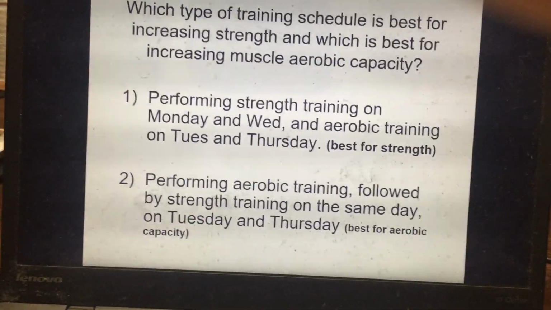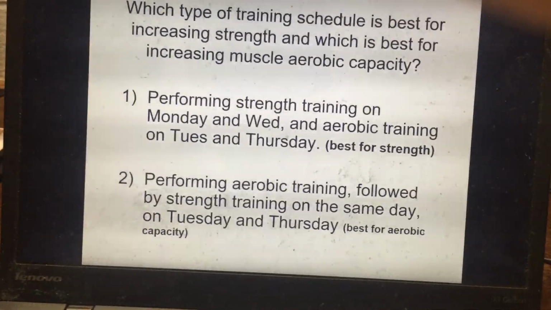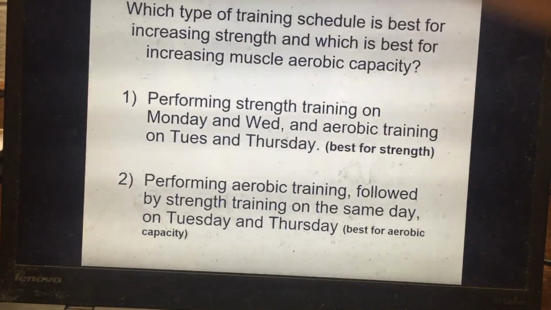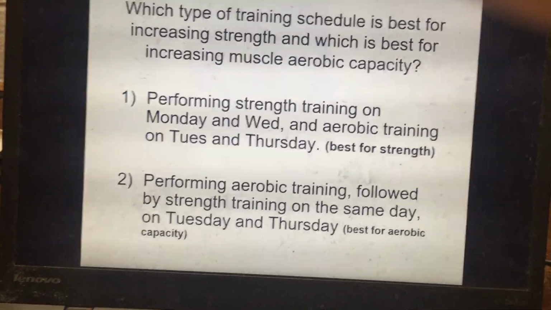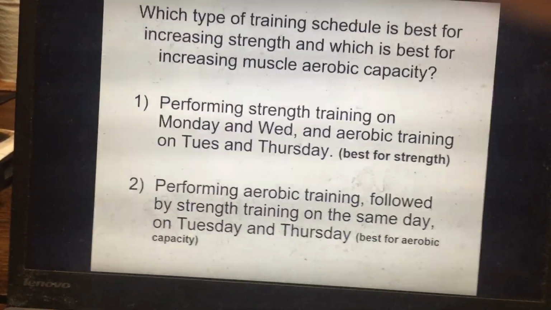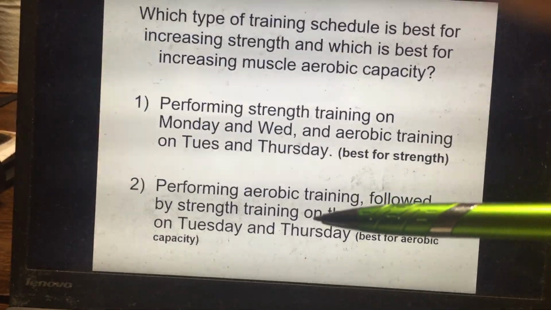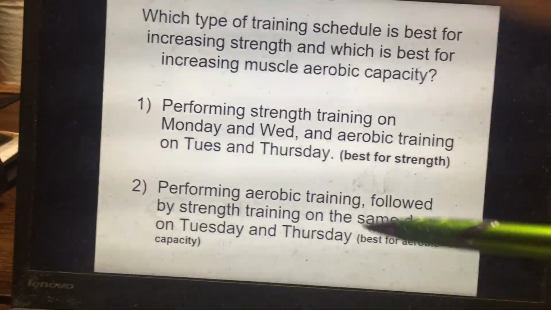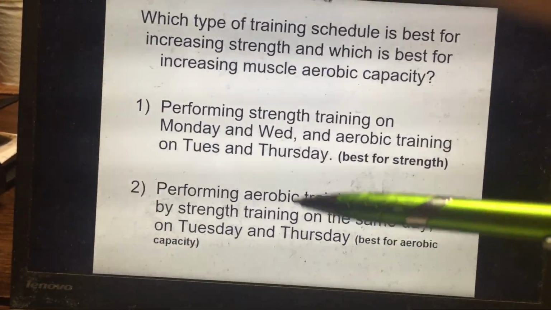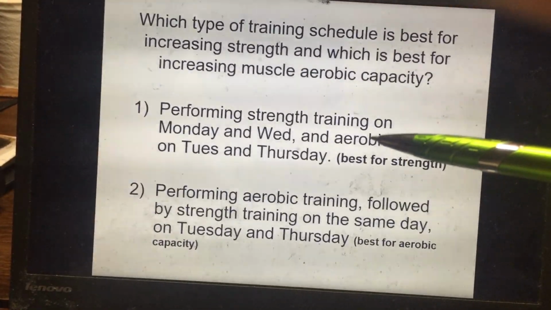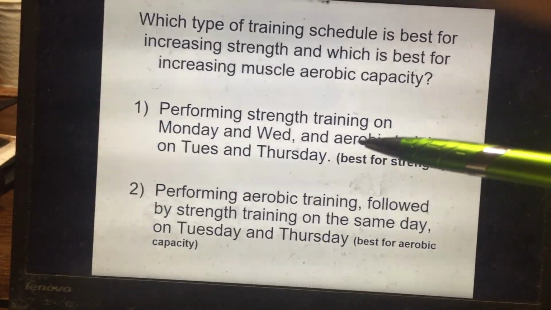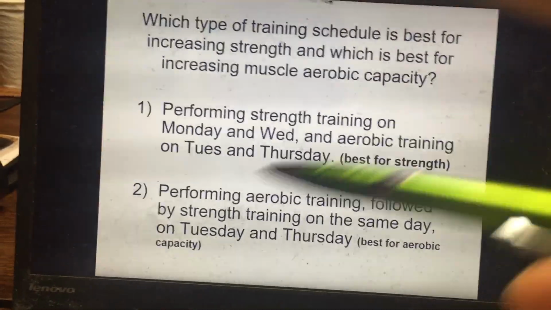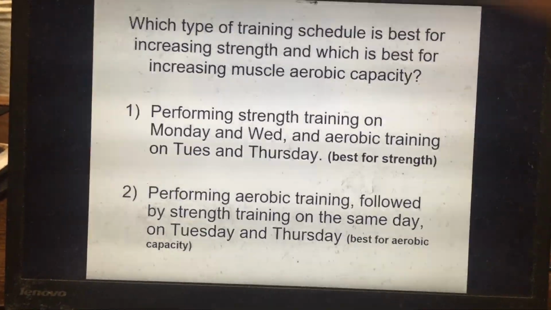And then performing aerobic training followed by strength training on the same day was best for increasing muscle aerobic capacity. So depending what you want, if you want to get a little bit of strength gains, but more gains with your aerobic capacity, it's better to combine the two types of training on the same day. If you want to get superior strength gains and less gains for aerobic capacity, it's probably better to do your two types of training on different days.